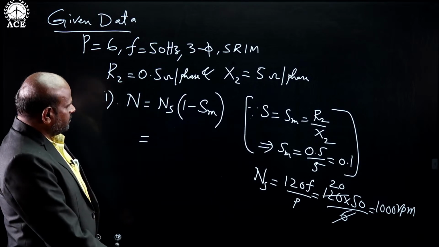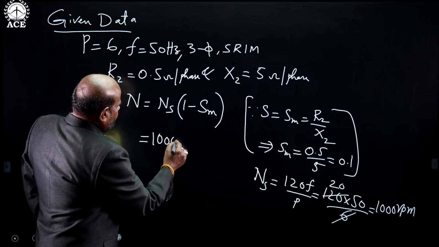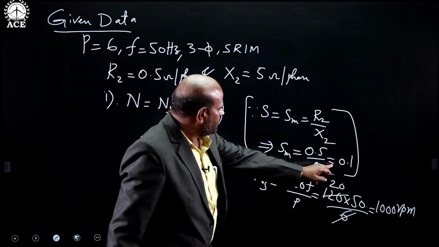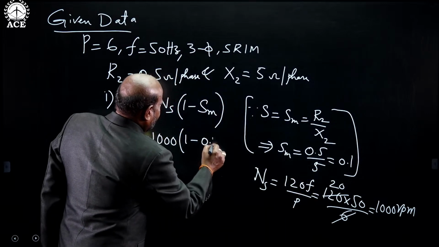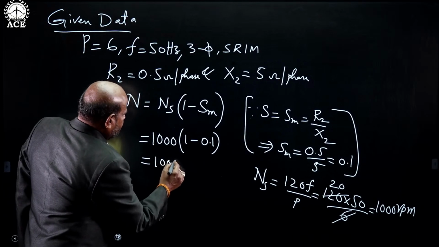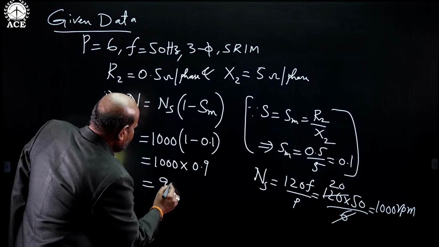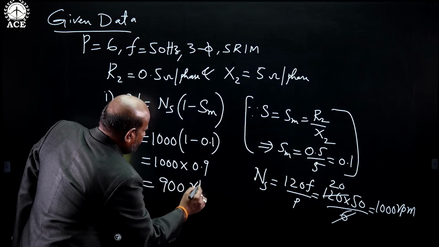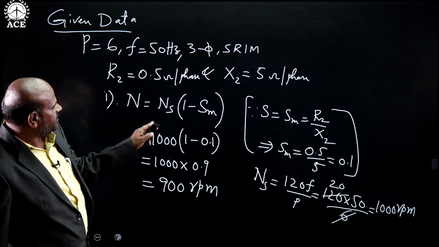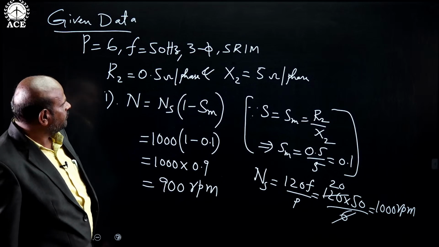Now substitute: ns is 1000 RPM into (1 minus slip), slip is 0.1. So 1 minus 0.1, 1000 into 0.9, so 900 RPM. The speed of the machine at maximum torque condition is 900 RPM.